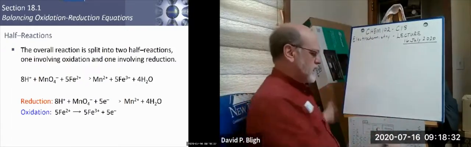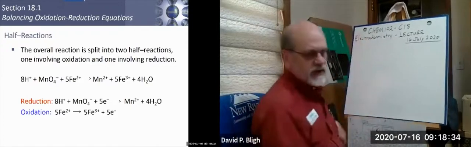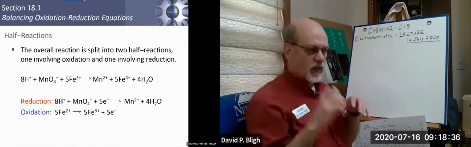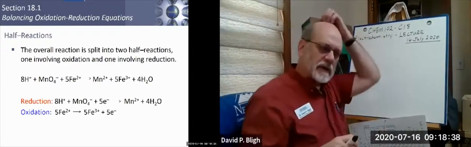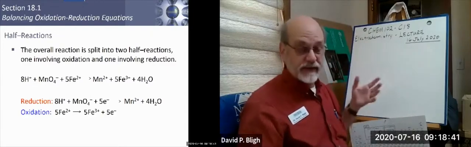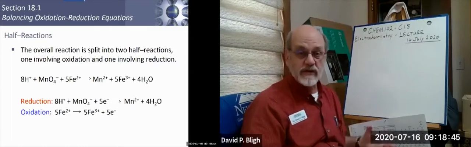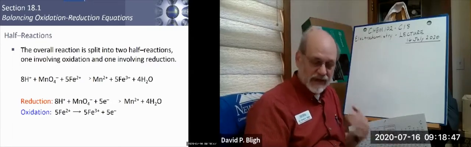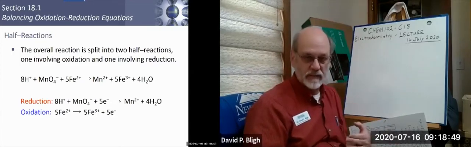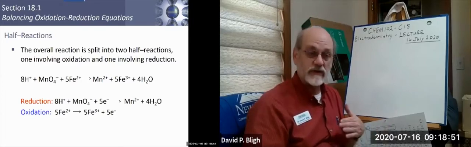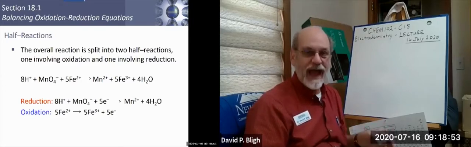So now that we know what oxidation and reduction is and what it means in terms of each of the reactants, we're going to use that information to balance equations in which electrons have been transferred. Right? For an oxidation or reduction to occur, an electron has to be transferred.